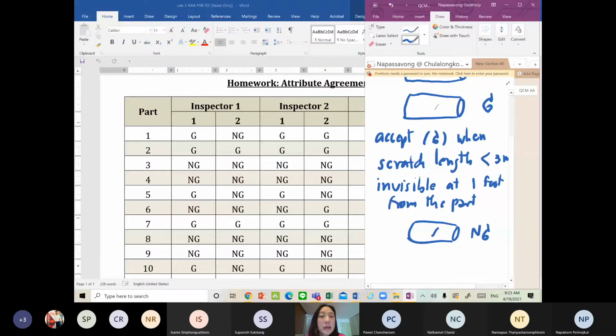And besides understanding the standards, where standard here means the definition of defects, which type is acceptable and which type is not, they have to have skills, or the ability to judge defect or G part and NG part.